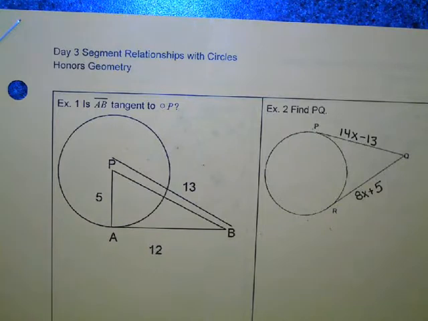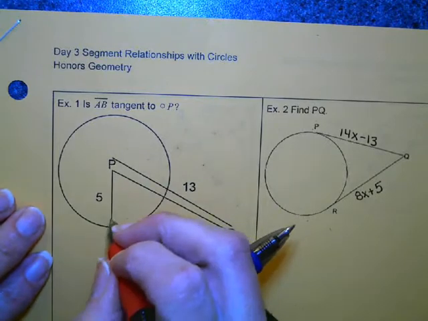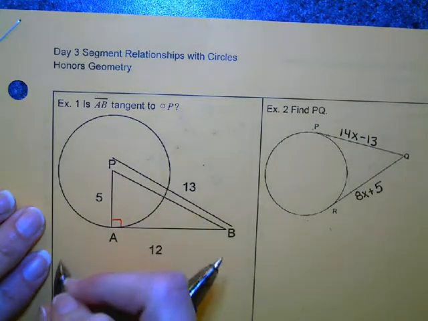The way we're going to prove that this is 90 degrees here is to use the Pythagorean theorem.